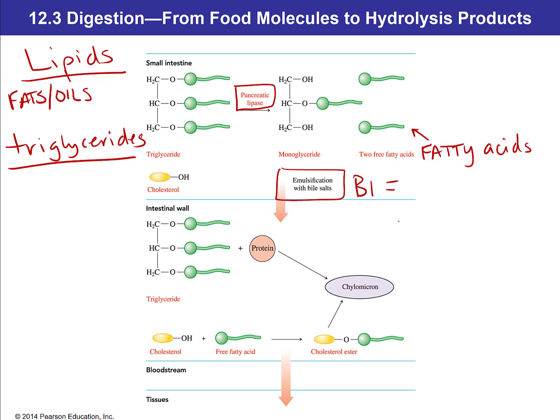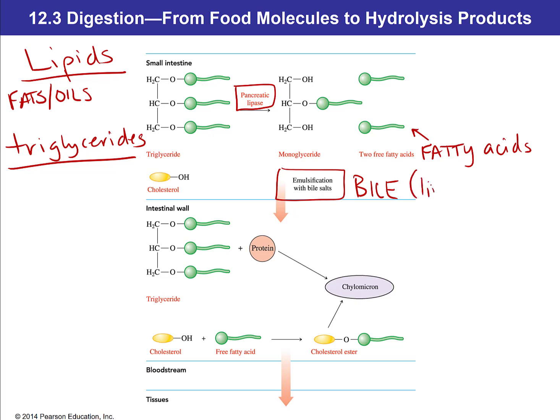So bile is a lot like soap. Remember that we said that soap makes those micelles. Soap makes those little spheres that pull the nonpolar molecules into the center. So you use soap because it helps to get greasy, waxy, oily material off your hands. The micelle pulls the oily material in. So that's what bile does.